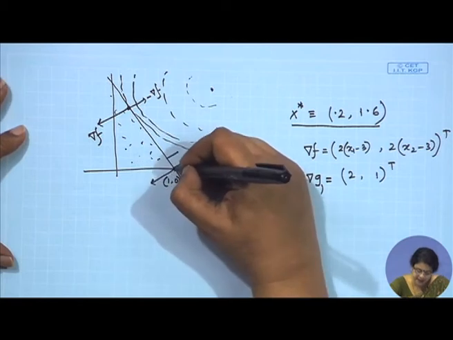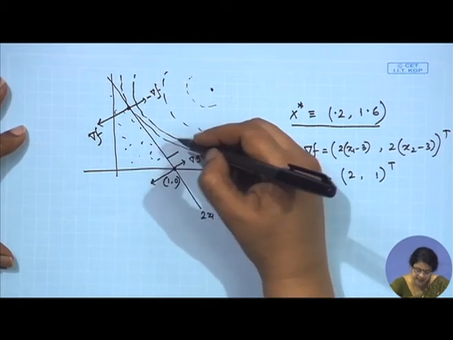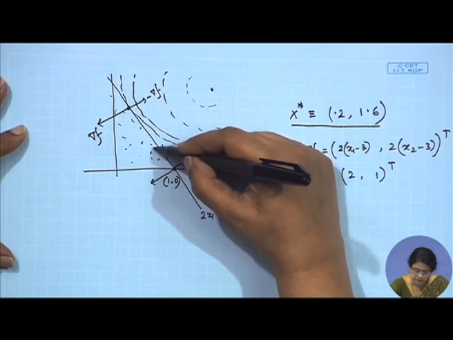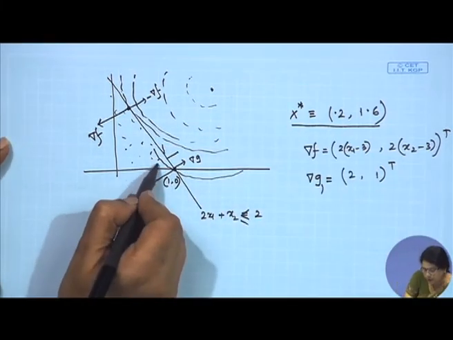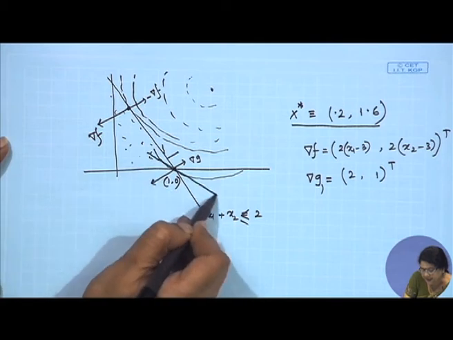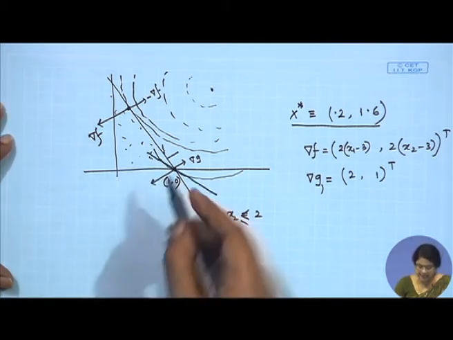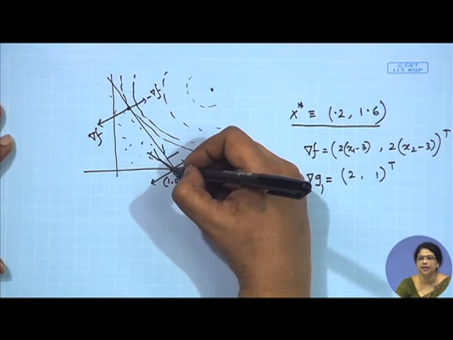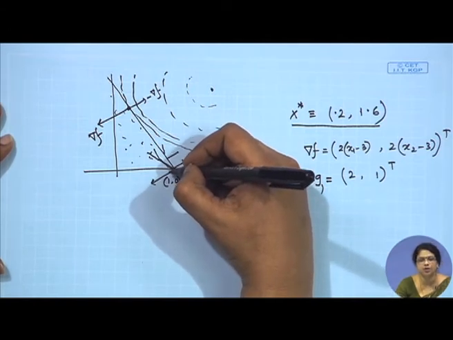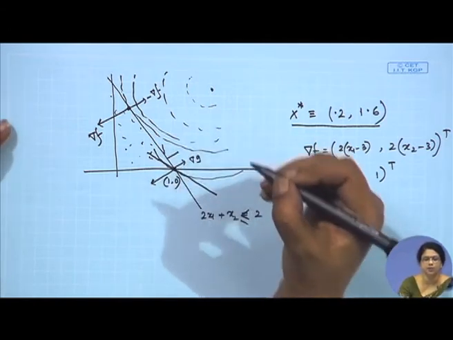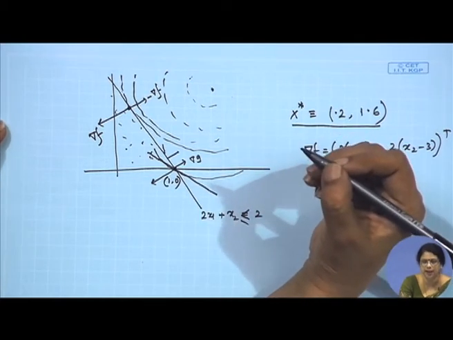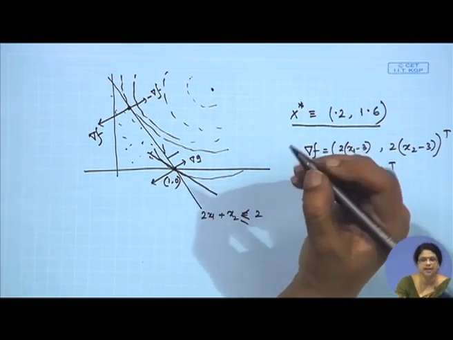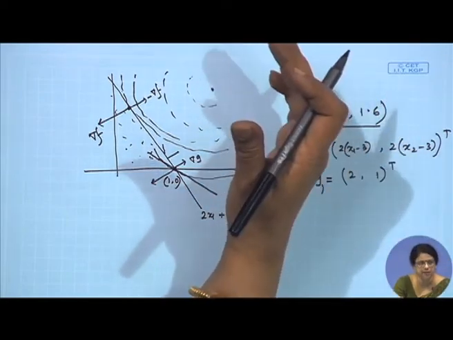And if I consider there is one circle here, then at this point if I just consider the tangent, this tangent will give us the direction of the feasible cone. What is the feasible cone? I explained already in the last class with the figure that the feasible cone is the combination of the half spaces we are getting through the constraints.